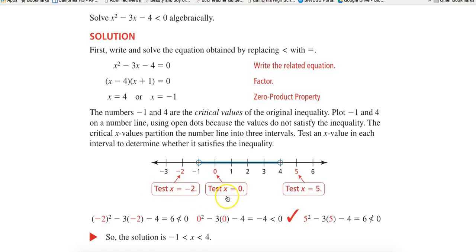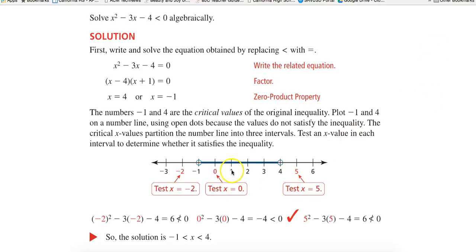They chose -2, 0, and 5. So they go through, they have their work here. They show 6 is not less than 0, -4 is less than 0, and 6 is not less than 0. So all of this work is what I just went through explaining. So if you're having trouble understanding what these equations are, you can just go back and follow through what I just did.